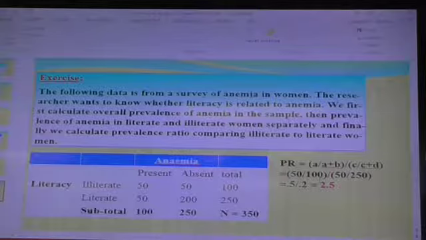So you can say, in simple terms, anemia is 2.5 times higher in illiterate women compared to literate women. So you can just put it that way simply. 2.5 times higher in illiterate women compared to literate women.